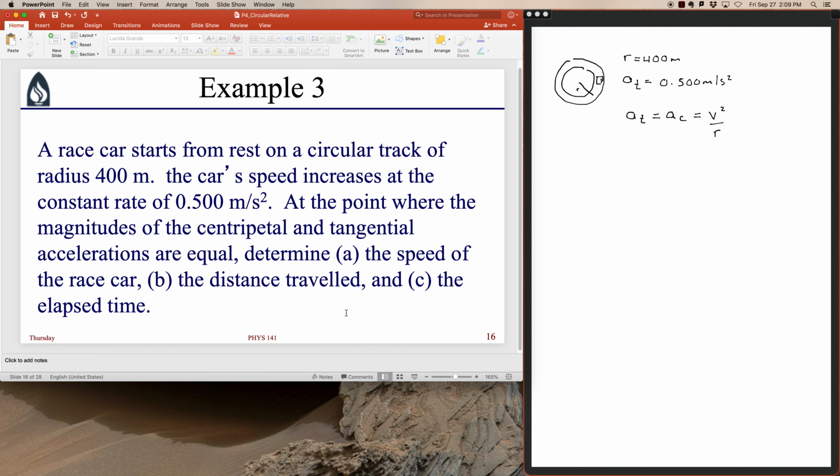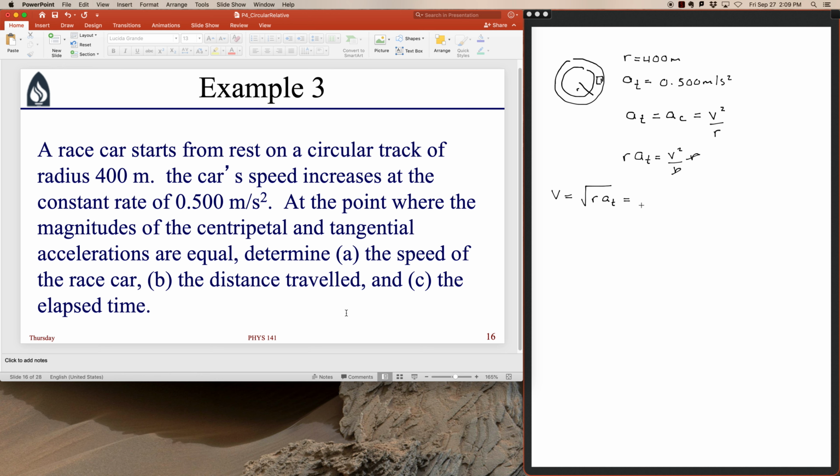So let me rewrite this. Tangential acceleration is equal to centripetal, but that's equal to v squared over r. So if I'm solving for v, I can multiply both sides by r. And then I would take the square root of both sides. So that means the speed of the car would be the square root of r times the tangential acceleration.